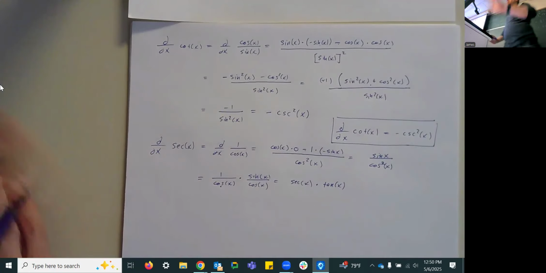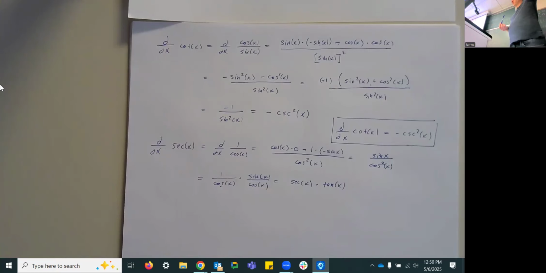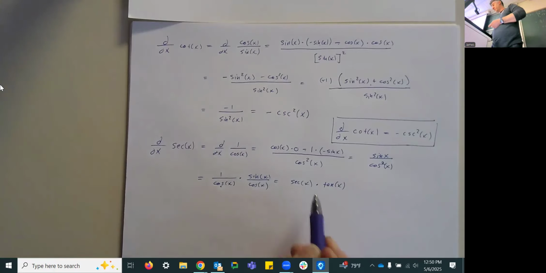To me, secant always feels like the weird one because most of the time, when you differentiate a function with a variable x, usually that x only shows up once again. This is one of the rare exceptions where that variable shows up 2 times in your derivative. It's kind of interesting, except cosecant also does the same sort of thing.